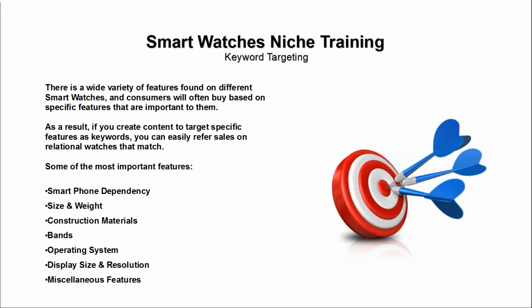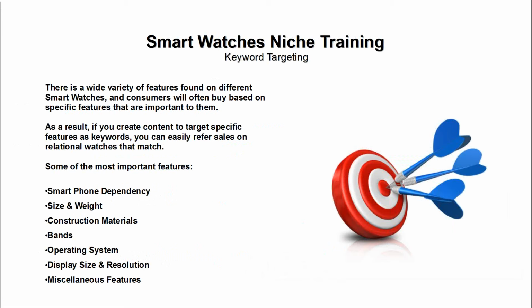Now, I want to talk to you briefly about keyword targeting. And as I proceed through the rest of this class, a large part of what I'm going to be discussing with you will have to do with the items you see listed on my screen right now. There are a large number of different kinds of features that you can find with these smartwatches.